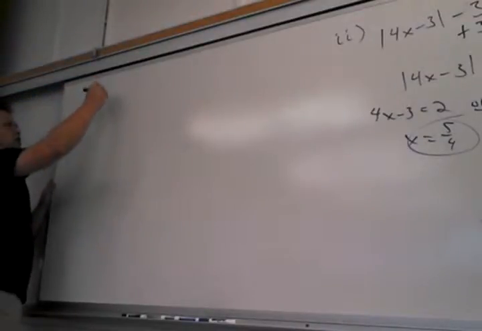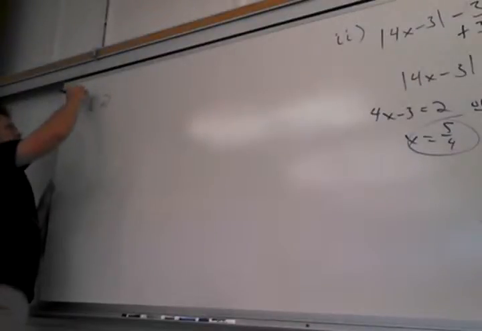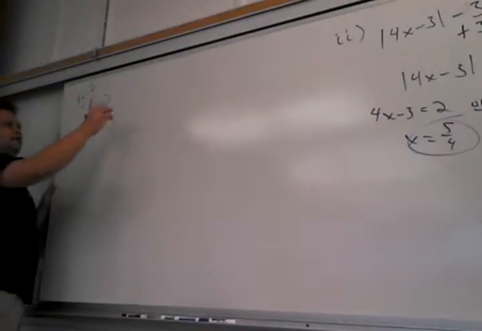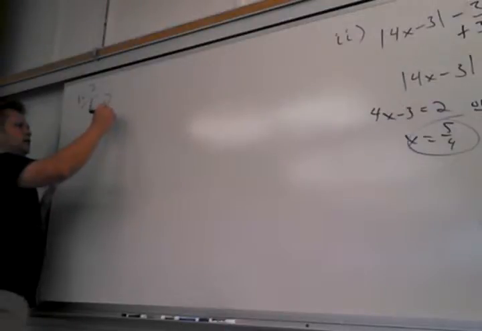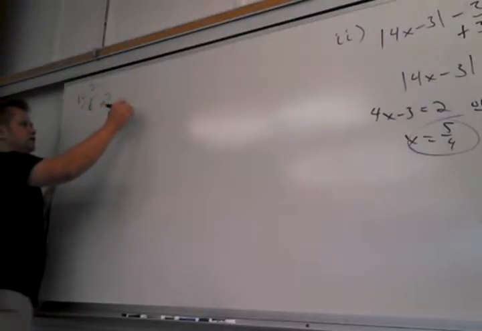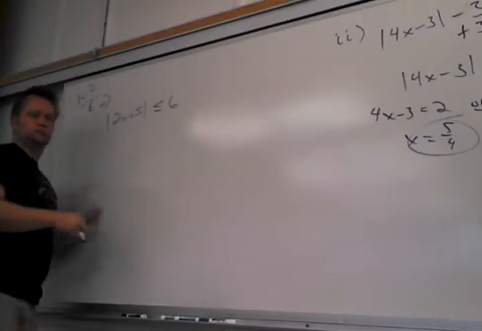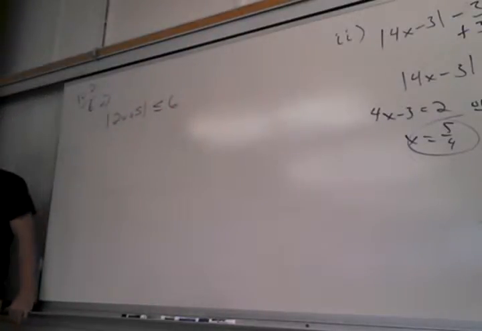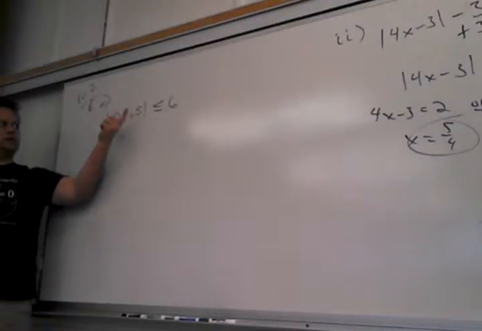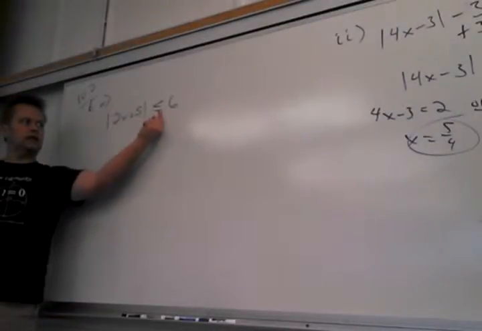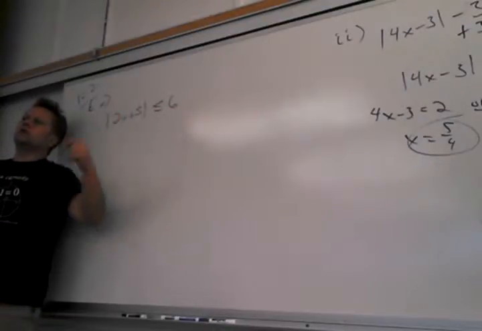So last time we looked at, and this is still section 10.2, believe it or not, something like 2x plus 5 less than or equal to 6. So this is the distance. I want the distance to be less than or equal to 6.